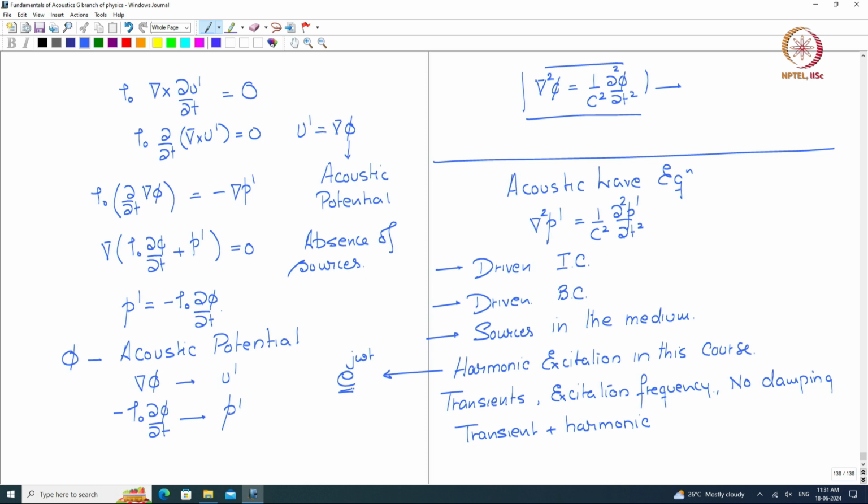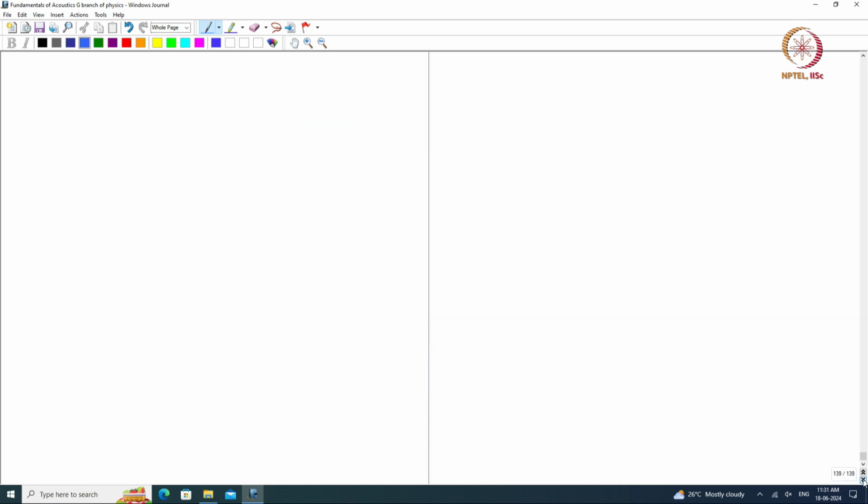Okay. Now, the thing is that there is always damping in the medium, small or large. As a result of which the transients will die away. And the response at the excitation frequency remains.